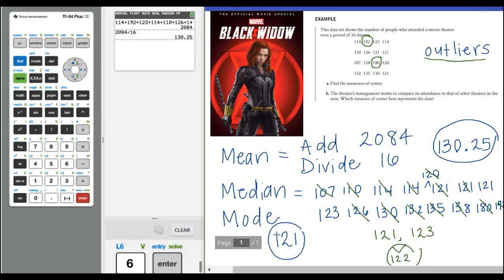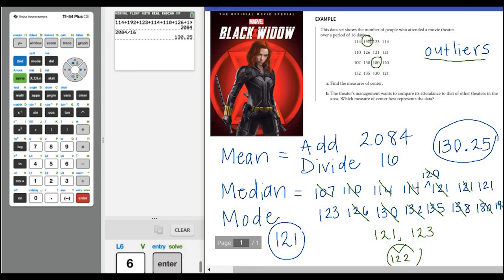So we had a mode of 121. That's the most commonly occurring amount of people in a movie. And then the median was 122. So those are pretty close together, right? 121, 122. But 130, that's a little bit higher up, right? So that's maybe a deceptive data point because, again, the mean is really affected by values that are outside of the typical range.